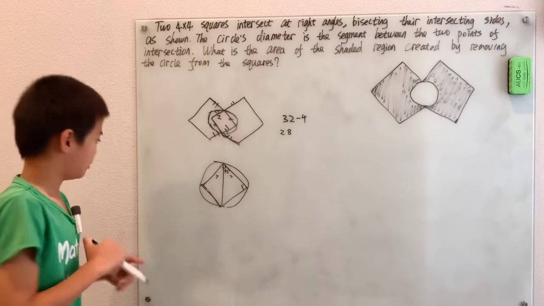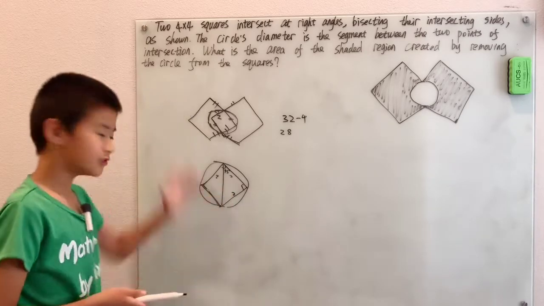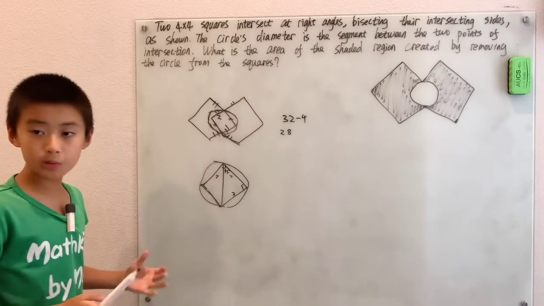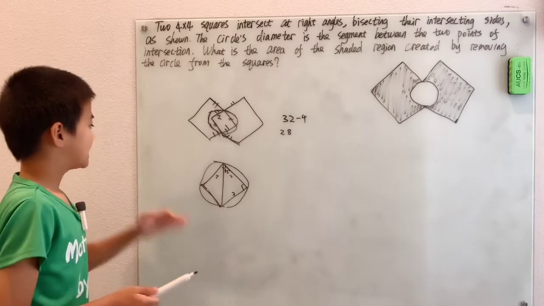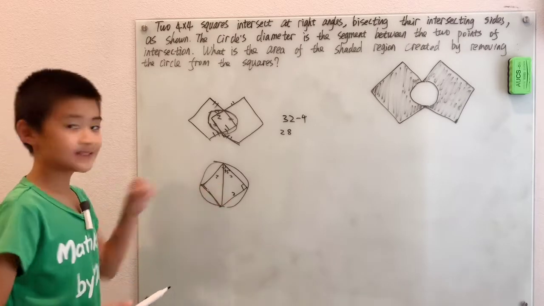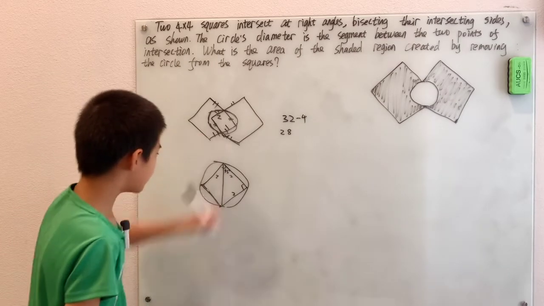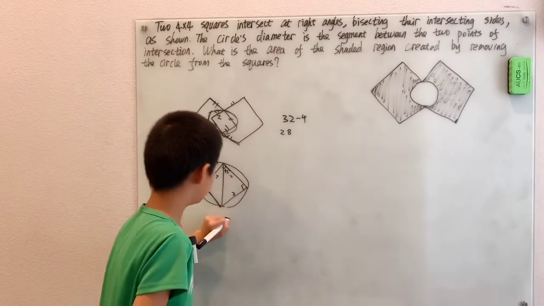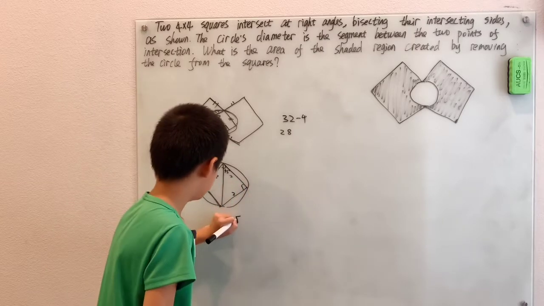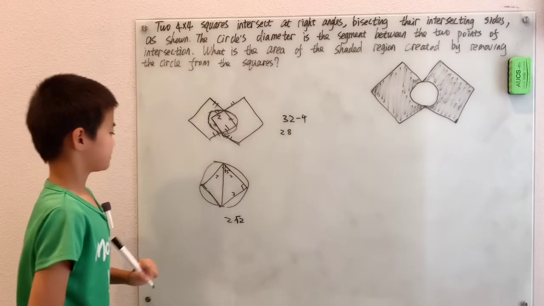And the rule for those is that the hypotenuse, which is the diameter of the circle, is always the square root of 2 times the side length of one of its legs.